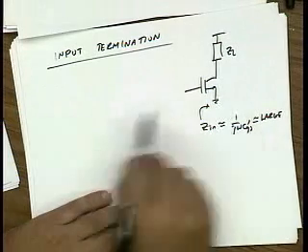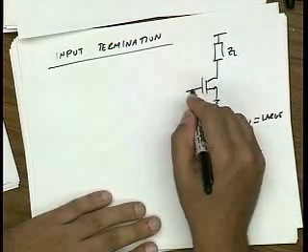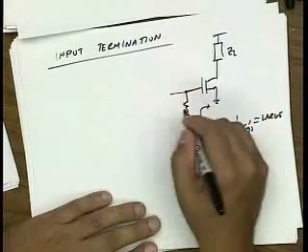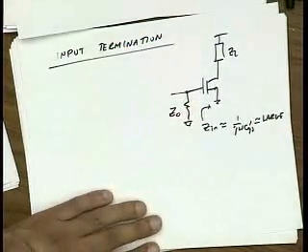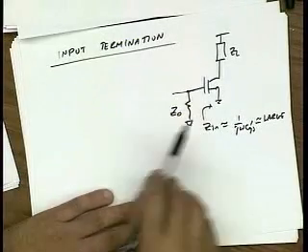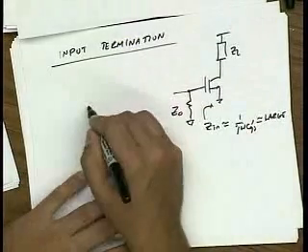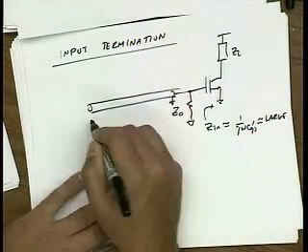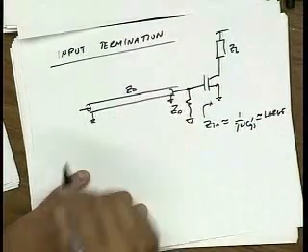In other words, it looks like an infinite input impedance. So in order to get an input match, all I need to do is put a resistor down of value Z0, and this could match, let's say, a transmission line. It's a cable coming in, which has characteristic impedance Z0.